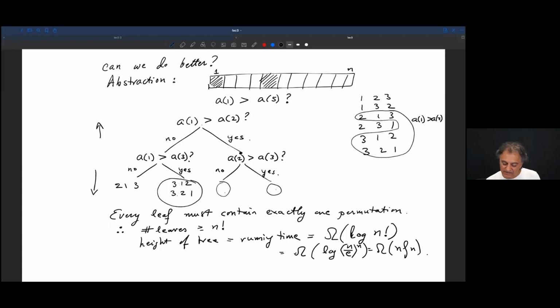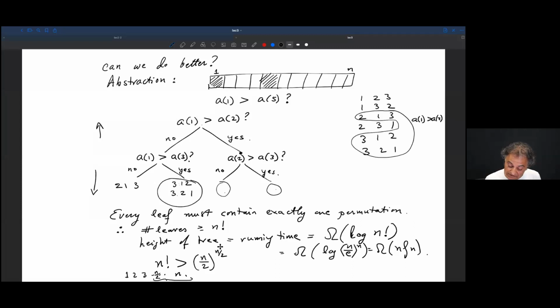Another way you can say this is, n factorial is certainly greater than n over 2 to the n over 2, because n factorial is 1 times 2 times 3 and so on up to n. If you look at the last n over 2 terms, each of them is larger than n over 2, and there are at least n over 2 of them.